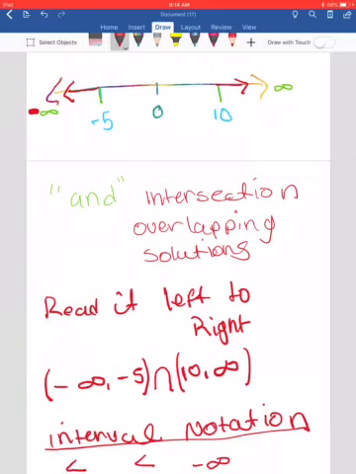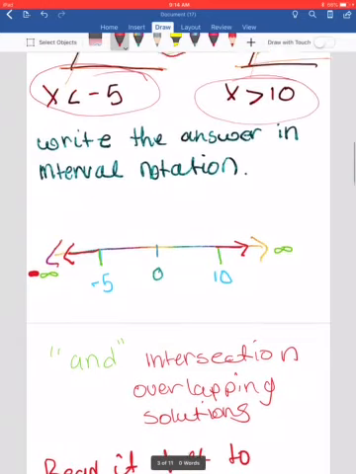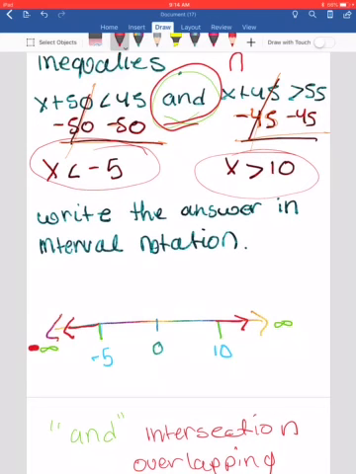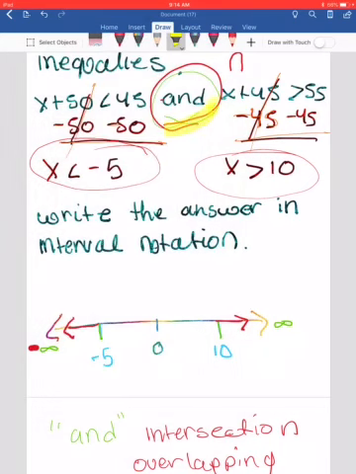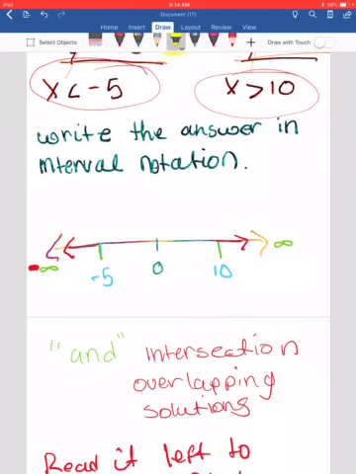But if you think about it, we are dealing with what kind of statement? We're dealing with an AND statement. And the AND statement is looking for what? For the intersection between both answers from the inequalities. Well, do your graphs intersect? Look at your number line.